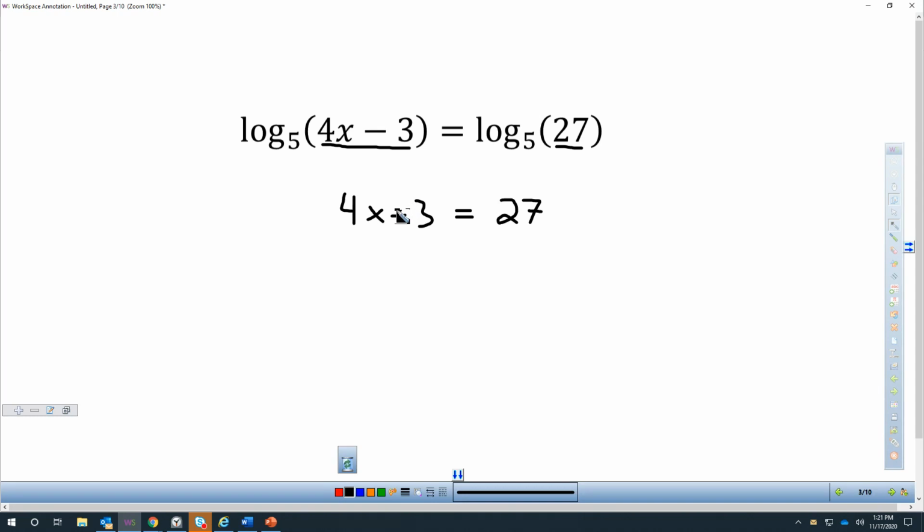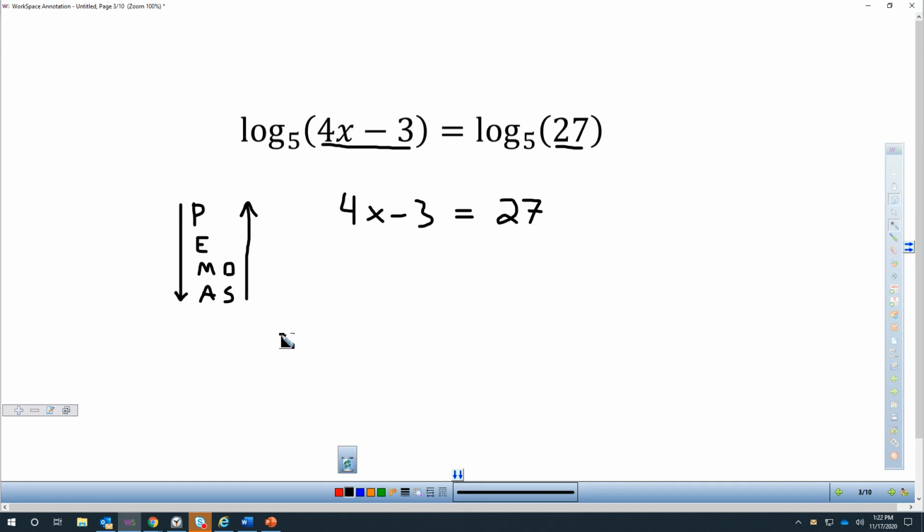Remember, we've got to undo everything that's going on over here. We've got times 4 and a minus 3. Remember, order of operations: we do parentheses, then exponents, then multiply and divide, then add and subtract. That's when we're calculating, right? When we're solving, we have to undo things in reverse order.